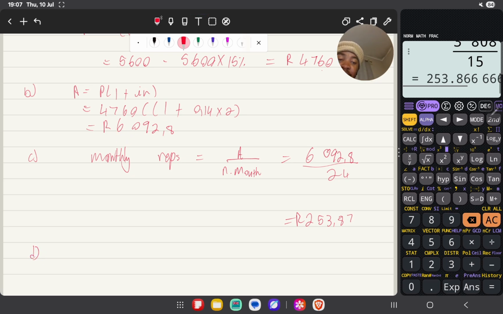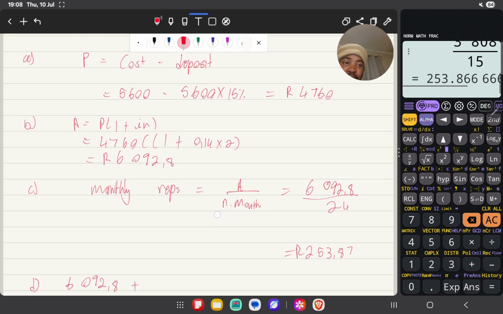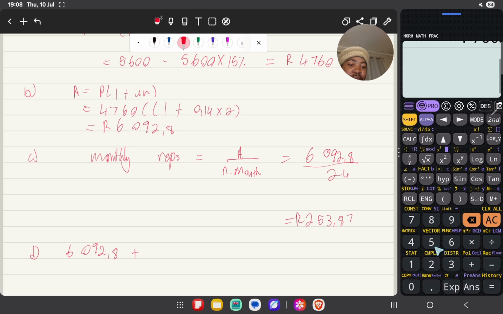Remember, she's paying this much per month, which when you multiply by 24, you're going to get 6,092.8. Plus, don't forget the deposit. Let me just calculate it here. 5,600 multiplied by 15% is 840. So 840 is the deposit.